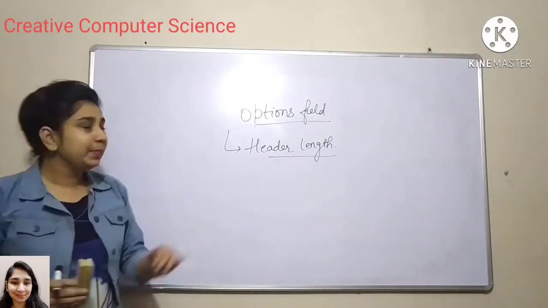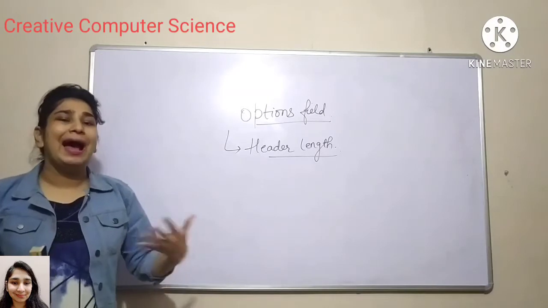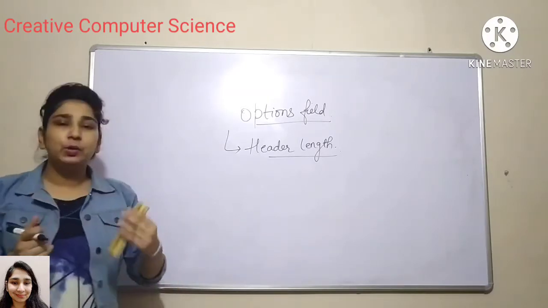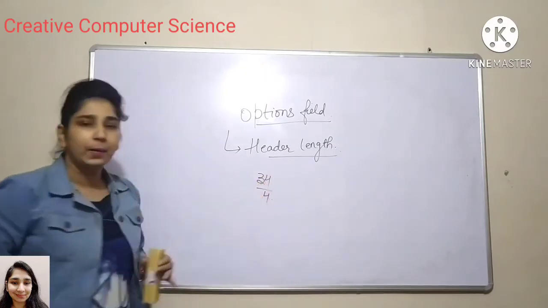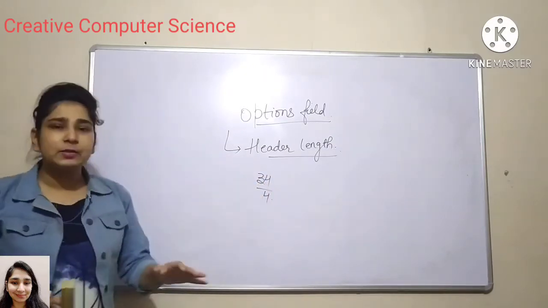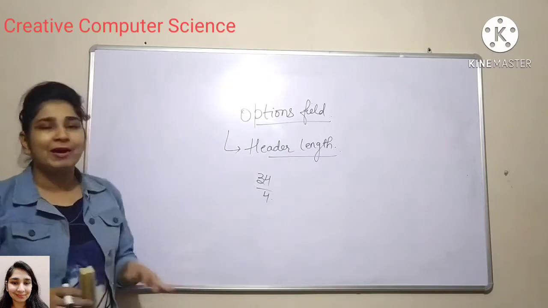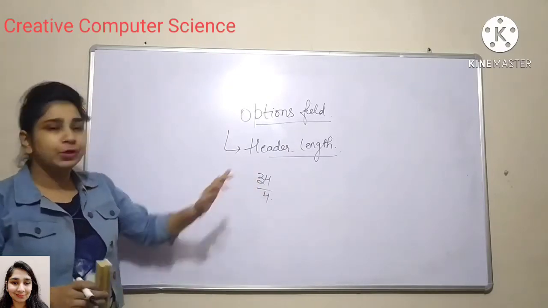When you have to do padding of bits, when the size of your header is not divisible by 4, what do you have to do?